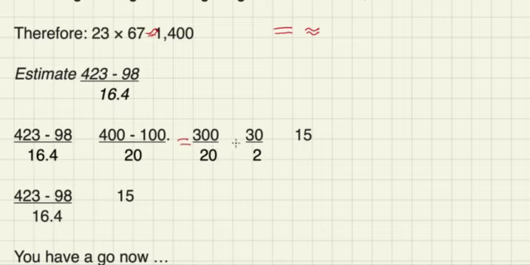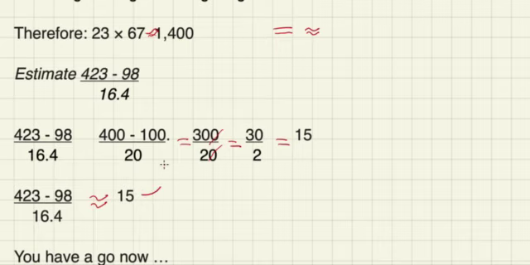And then 300 over 20, we can strike out one of the zeros at the top and one of the zeros at the bottom, and this gives 30 over 2, and 30 over 2 equals 15. So our answer to estimate this value would be, it's roughly equal to, with these curly equal signs, which I can't do very well, 15.